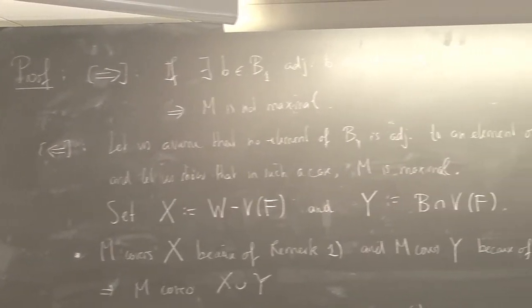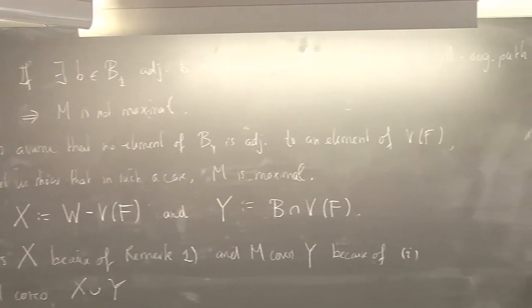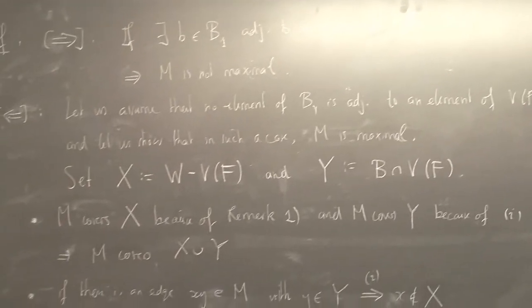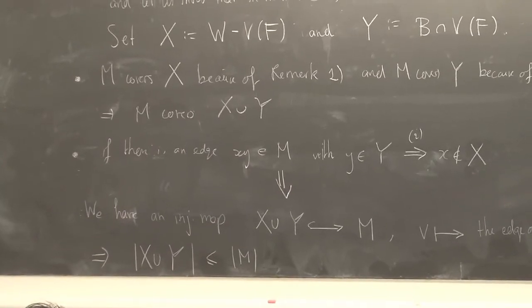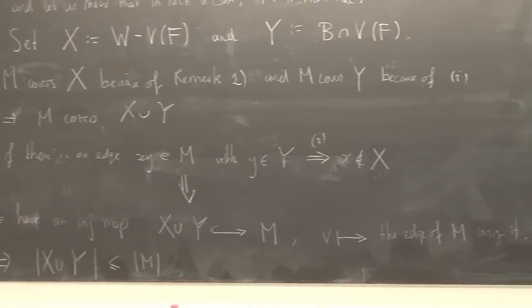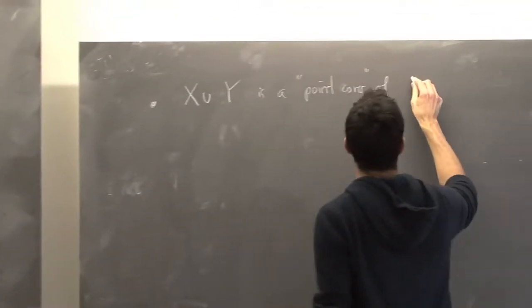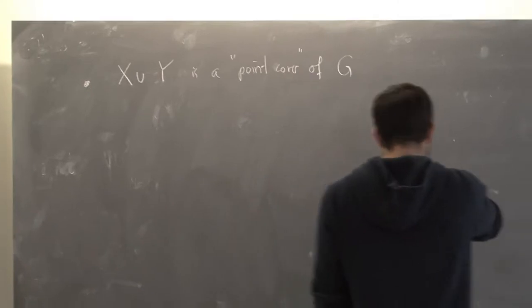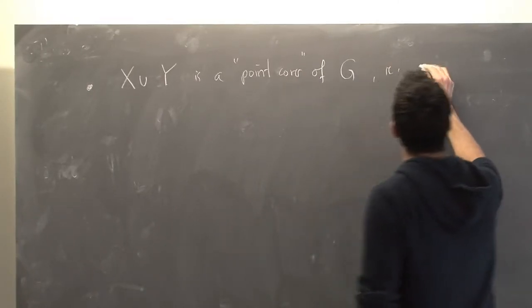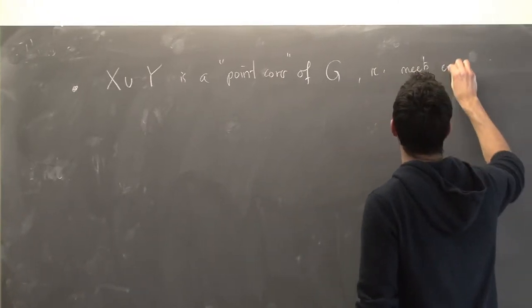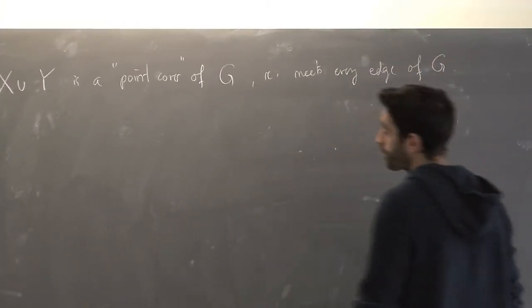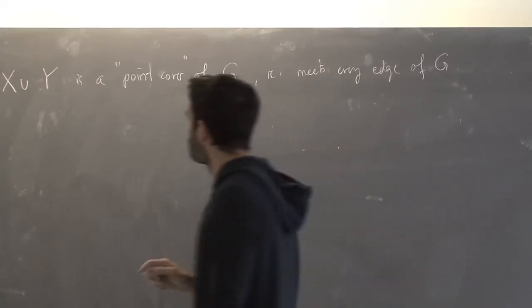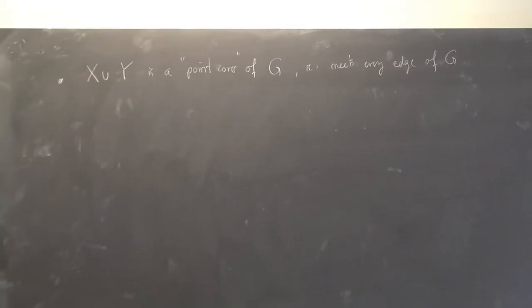We're not completely done, but almost. So what is the next point? So I claim now that X union Y is a point cover of G, which means it meets every edge of G. Okay.